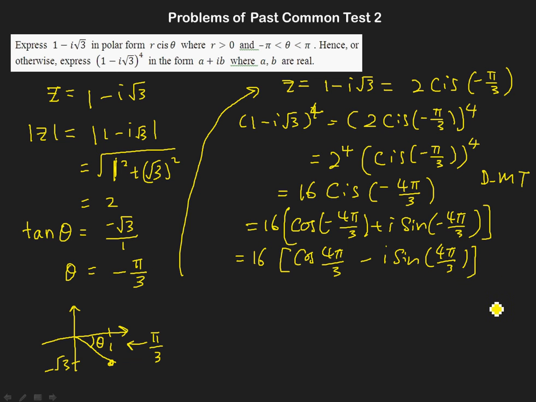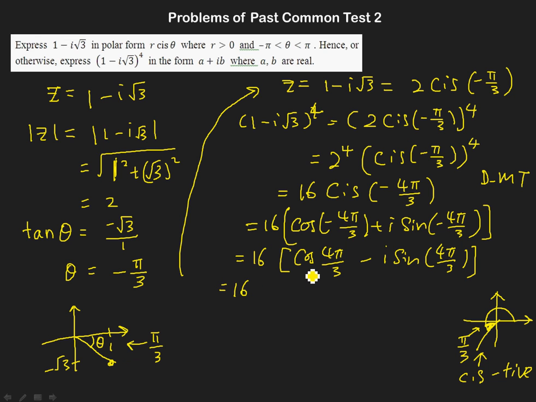Let's just do the quadrant diagram. 4 pi over 3 is actually, this is pi here, and that means this angle that I'm going to shade is actually pi over 3. 3rd quadrant, sine, cosine, both negative. Cool.